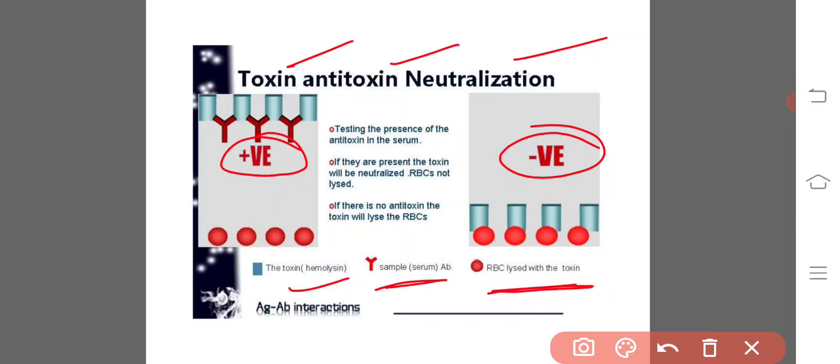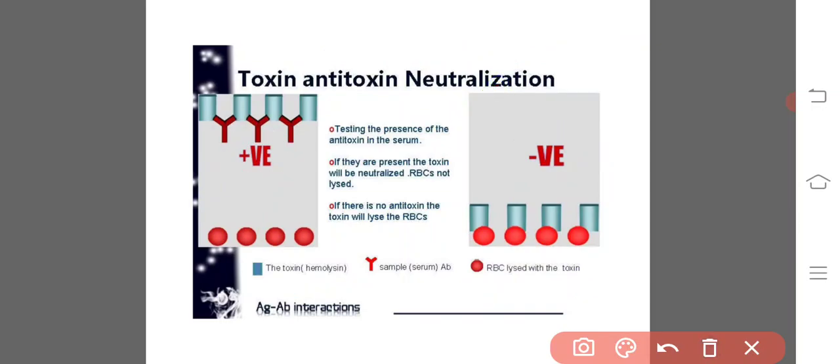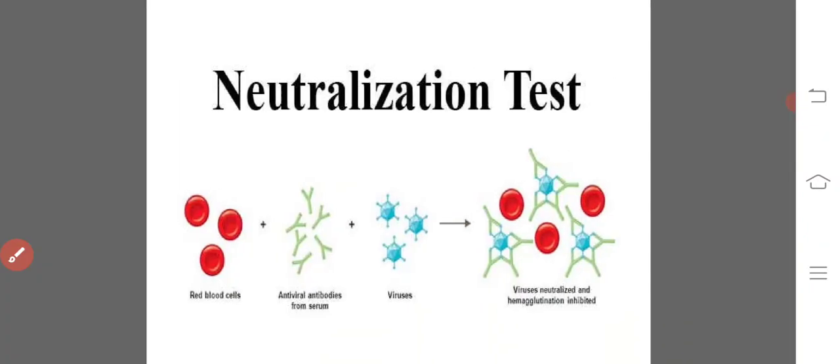We are testing the presence of the antitoxin in the serum. If it is present, the toxin will be neutralized and the RBC not lysed. If there is no antitoxin, the toxin will lyse the RBC. So that is toxin and antitoxin neutralization.